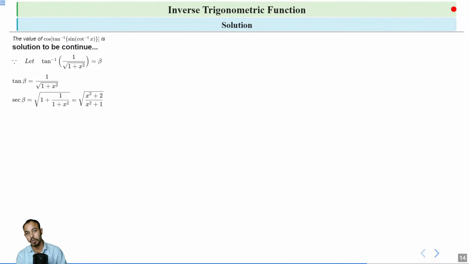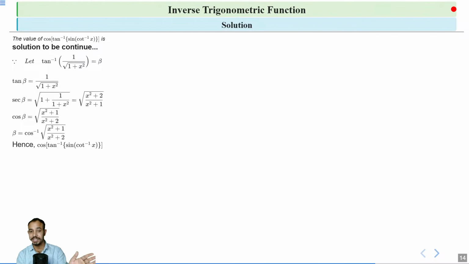So sec beta equal to square root of 1 plus 1 by 1 plus x square. This is equal to square root of x square plus 2 divided by x square plus 1. And here you know cos beta is reciprocal of sec beta, so cos beta equal to square root of x square plus 1 by x square plus 2, and now beta equal to cos inverse of square root of x square plus 1 divided by x square plus 2.